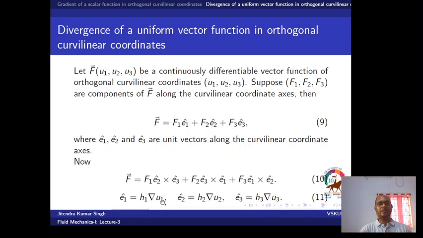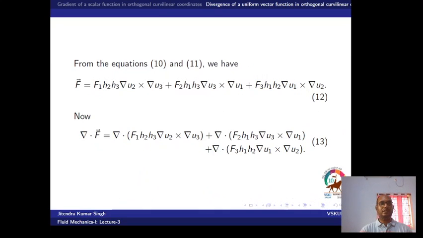Now in equation 10, e1, e2 and e3 are replaced by h1 grad u1, h2 grad u2 and h3 grad u3. So when we use equation 11 in equation 10, we get the vector f is equal to f1 h2 h3 grad u2 cross grad u3 plus f2 h1 h3 grad u3 cross grad u1 plus f3 h1 h2 grad u1 cross grad u2.